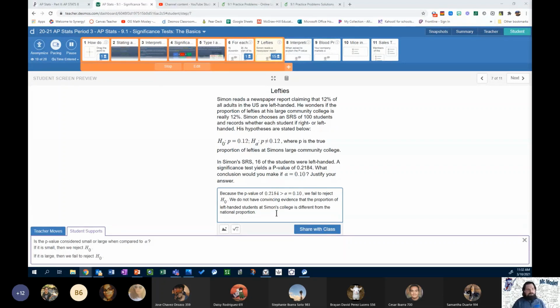In that case, when I'm interpreting the p-value, I'm going to state those kinds of things. But with this type of answer, I'm only saying I don't have evidence to support my alternative. So I'm stating what the alternative is in context. And the alternative was that the proportion of left-handed students is different from the national proportion. Okay, thank you. You're welcome. Is there anything else I can clarify?